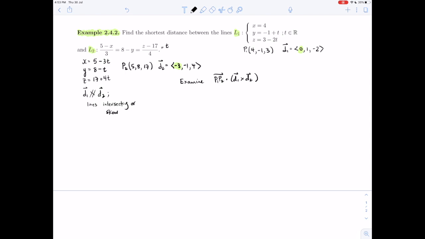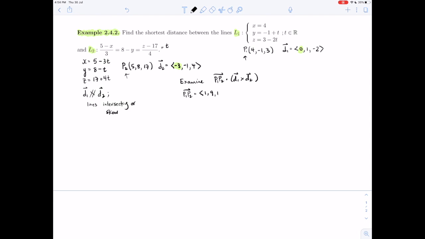So P1P2 we can calculate by subtracting the coordinates of P1 from the coordinates of P2, and so I'm going to get 5 minus 4 is 1, 8 minus minus 1, so 8 plus 1 is 9, 17 minus 3 is 14.